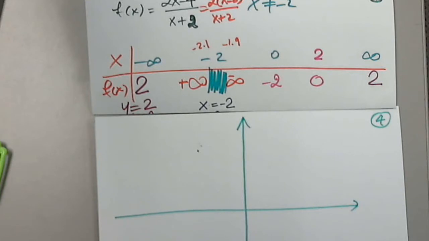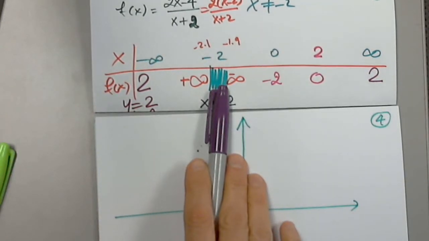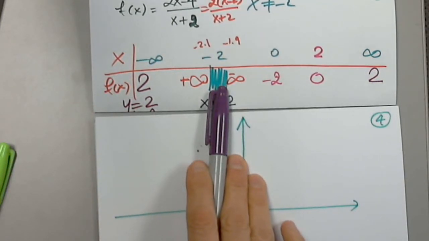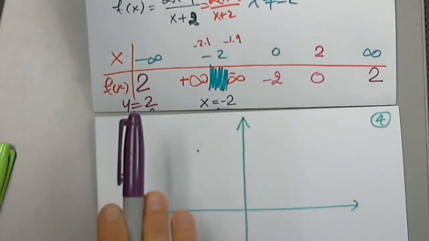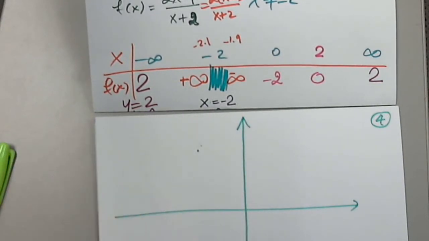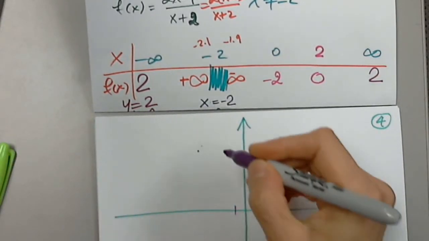This is the first step we have to perform. We have to graph the asymptotes. How many asymptotes does this function have? 2 asymptotes. A vertical asymptote at -2 and a horizontal asymptote at 2. Awesome. So here is -2.